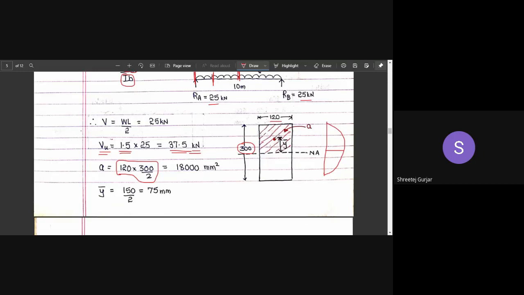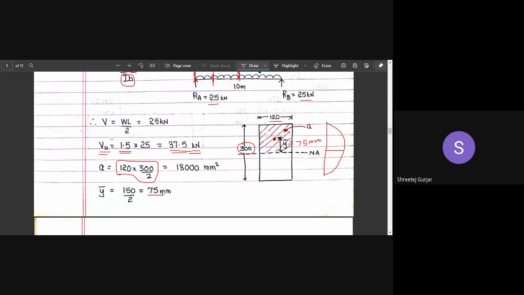It is the distance of the centroid of this particular area from the neutral axis. The centroid is located at half of 150, that is 75. So Y bar is equal to 75.